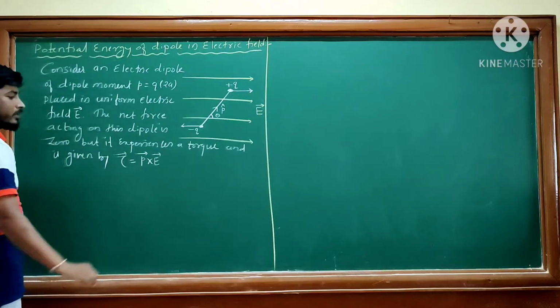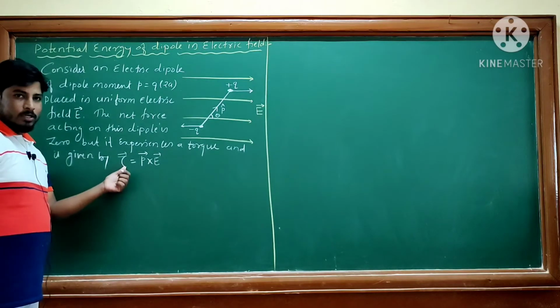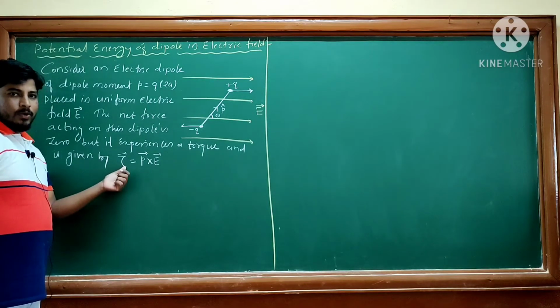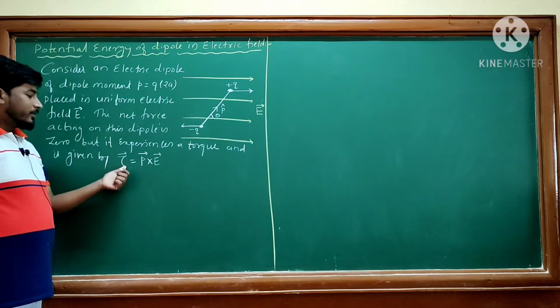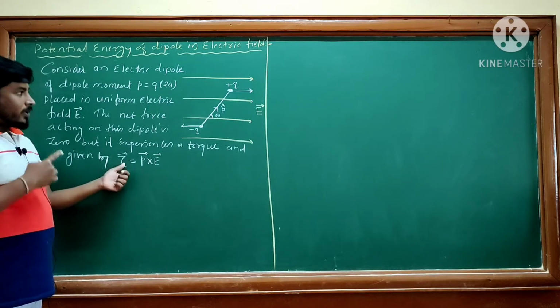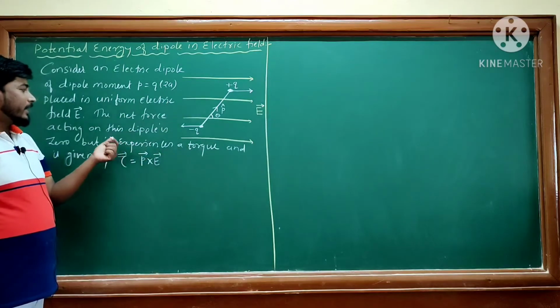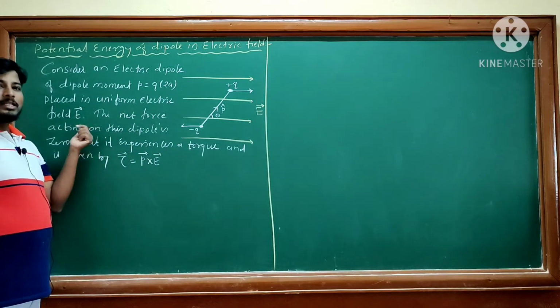This is the expression for the torque we studied in the last chapter, electric charges and fields. When the dipole is placed in the uniform electric field, the net force on the dipole is 0.